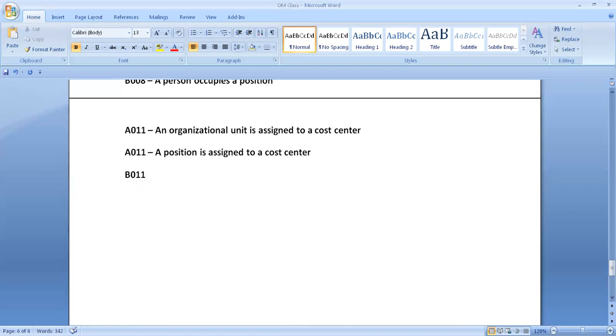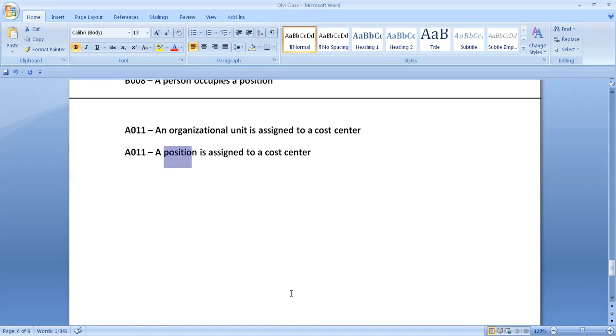Yes, it exists, but we are not using it, because an organizational unit is an object of OM, a position is an object of OM, and you are assigning it to a cost center. In the other way, we are not maintaining it.